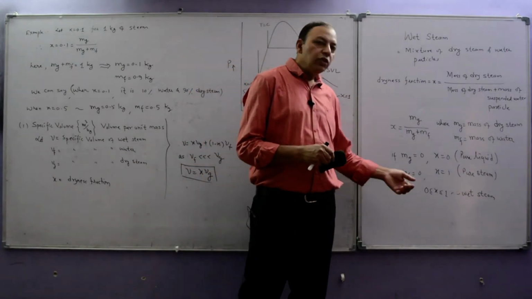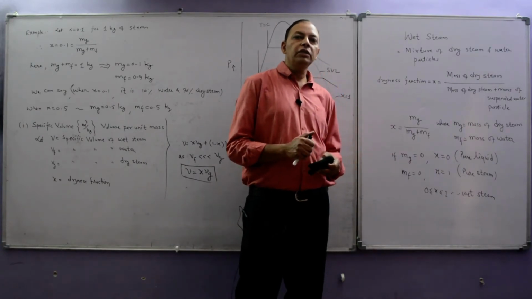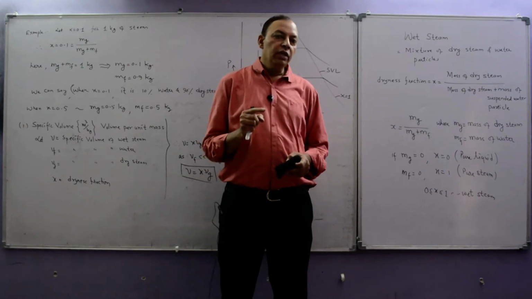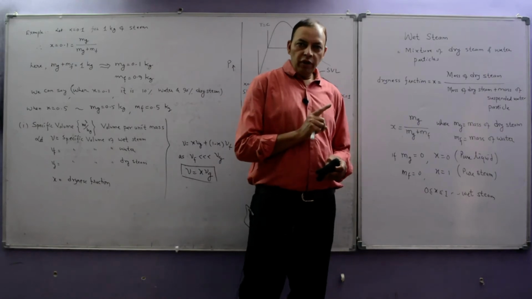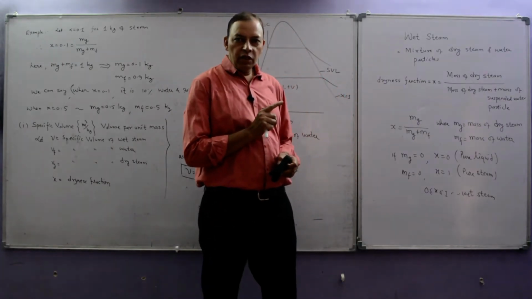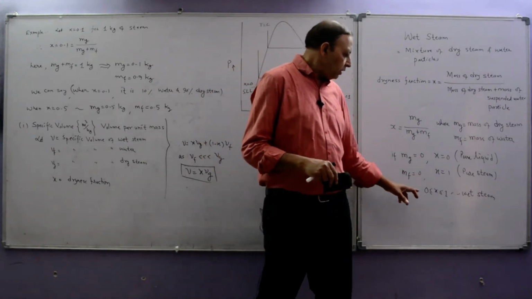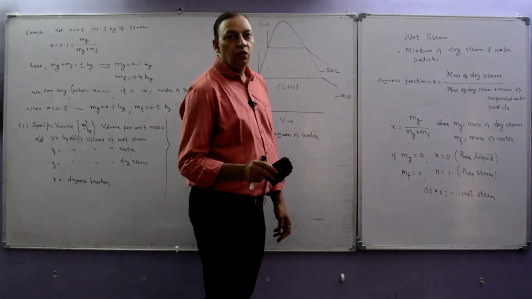When mf equal to 0, we will get x equal to 1. It is pure steam, which means the saturated vapor line. So at the saturated vapor line, x value is 1, and at the saturated liquid line, x value is 0. When x lies between 0 and 1, this type of steam is known as wet steam.